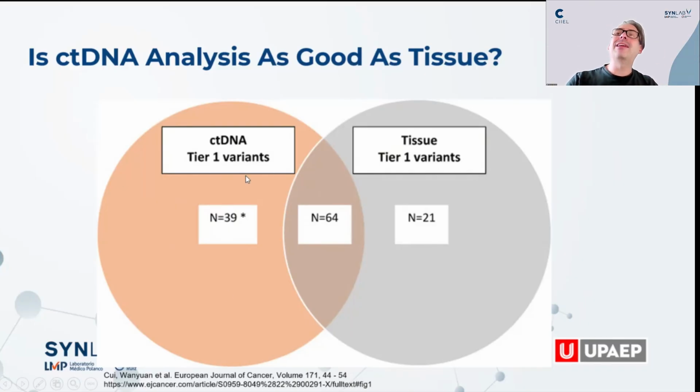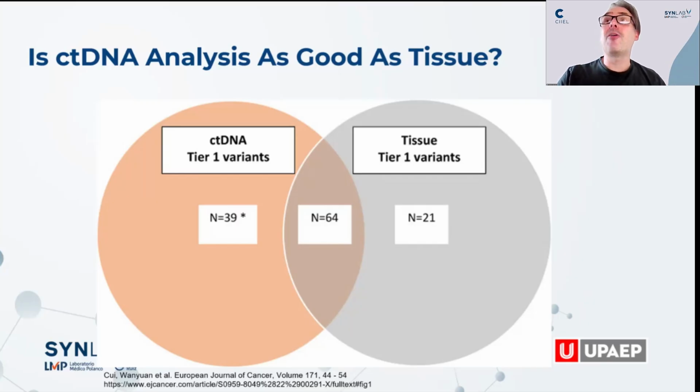These are the ones which are clinically actionable, and you can see that ctDNA seems to have a bit of an advantage. So okay, that's pretty good. And as we know, some tumours don't shed as well, so there will be a proportion of your ctDNA samples where there's basically no information.